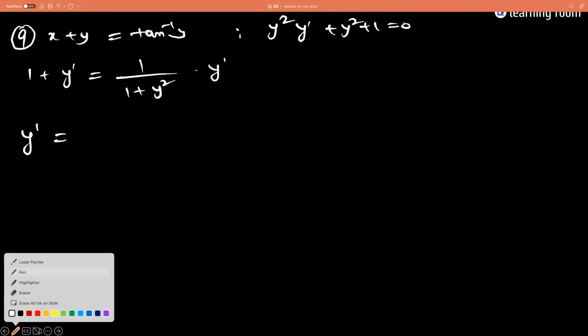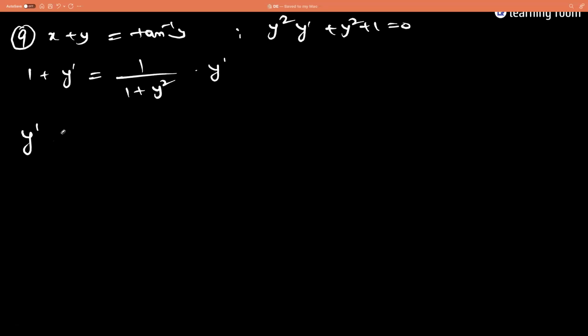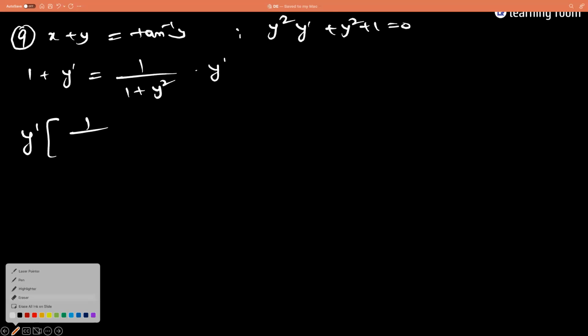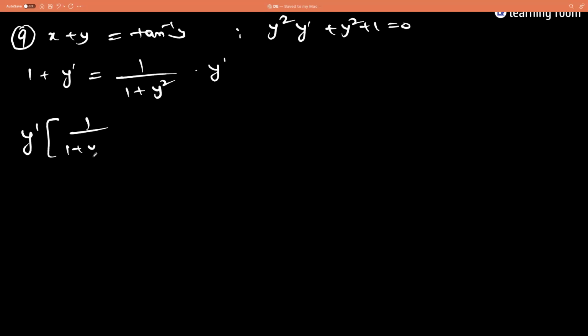Wait. Sometimes you have these kinds of problems, no? You need to think one step ahead so that you don't waste time in the LHS analysis. For y dash into, I'll connect the terms here. 1 by 1 plus y square minus 1 is equal to 1. So y dash into 1 minus of 1 minus y square divided by 1 plus y square.